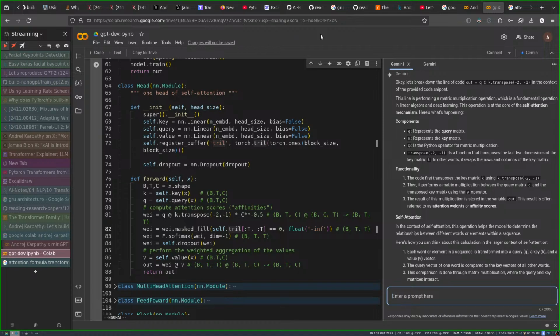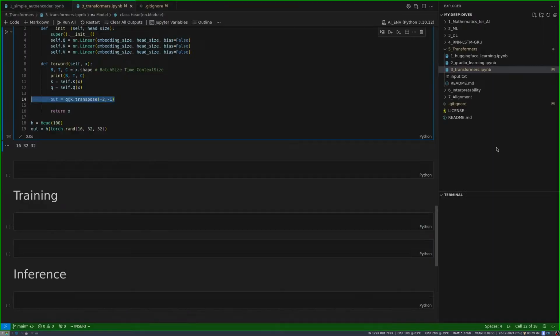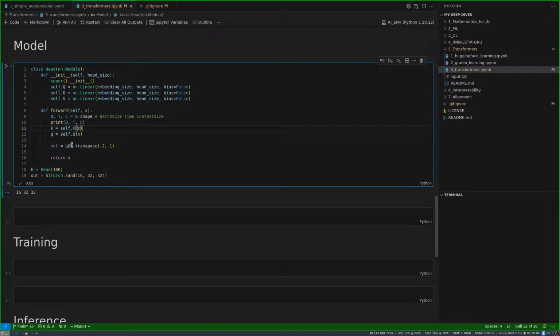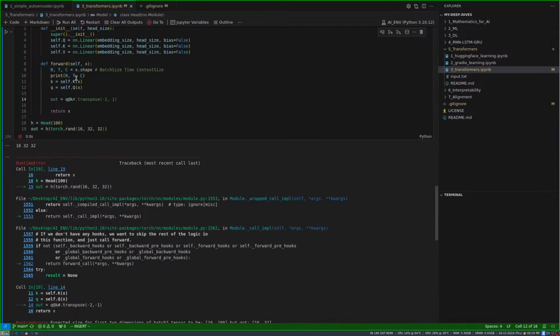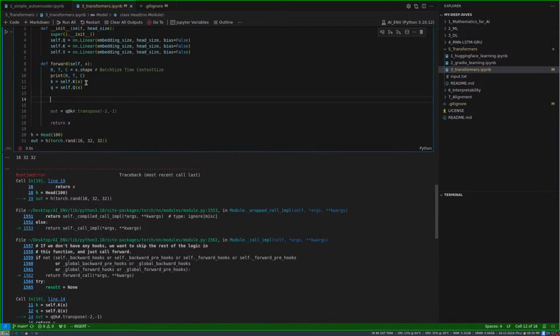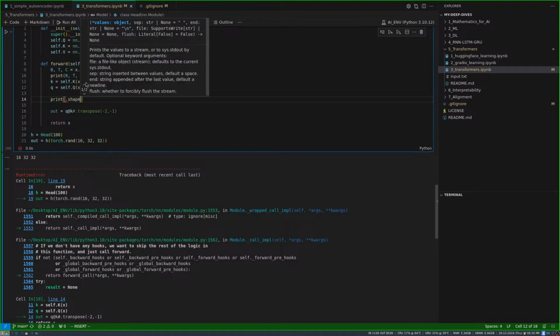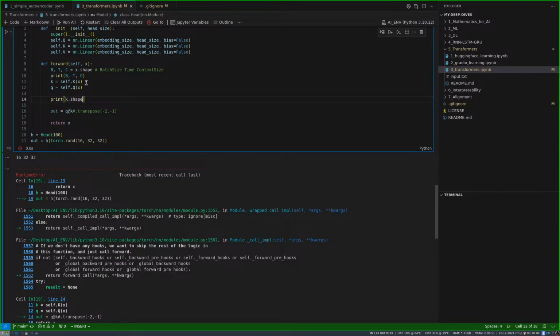Okay, let's break this down. Print k dot shape and q dot shape.